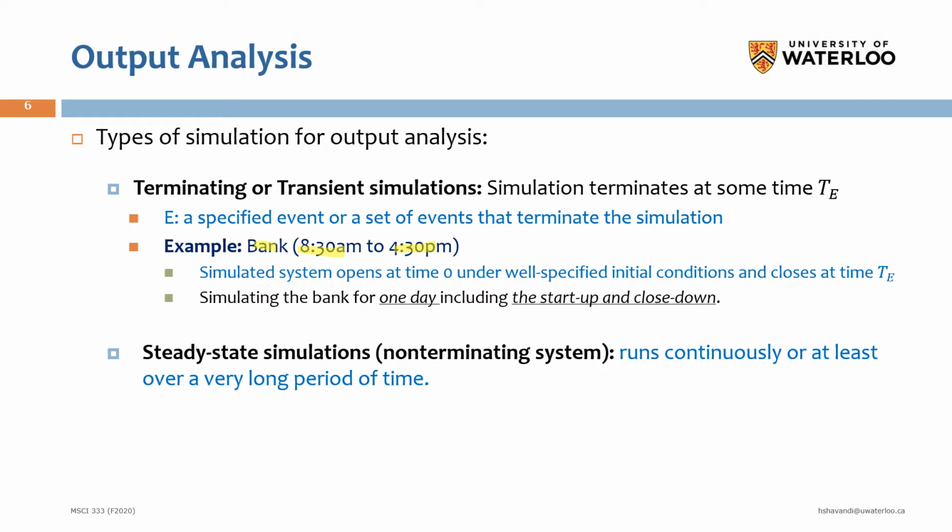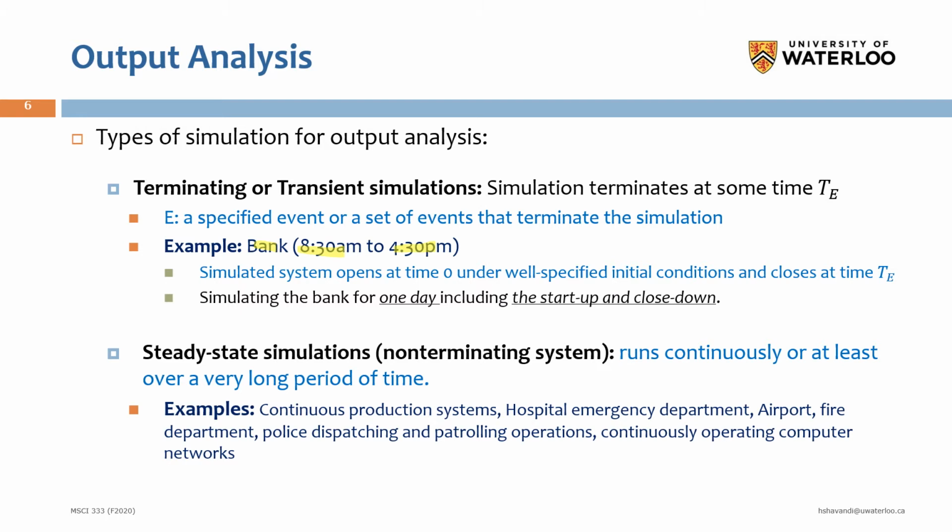Okay, and we have other systems that run continuously over time, or at least for a very long period of time. We call these kinds of systems steady state simulations or non-terminating systems. For example, continuous production systems, hospital emergency department, there is no closing time, right?